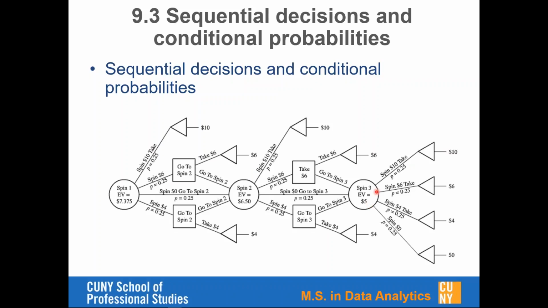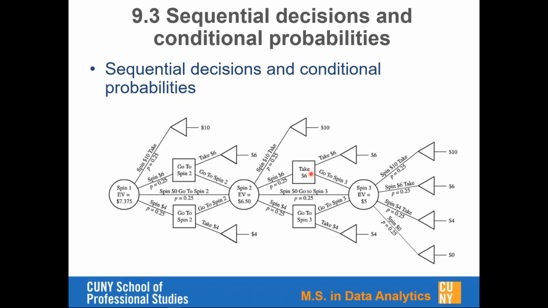For example, you use 10 times 0.25 plus 6 times 0.25 plus 4 times 0.25 plus 0, you get the expected value of this node, and then you can get the maximum value between those two so that you can make a decision on what you should do here. That's the whole idea of these sequential decisions and conditional probability.